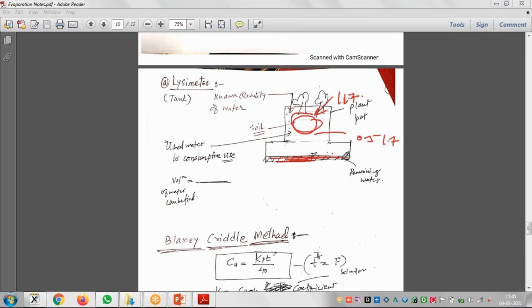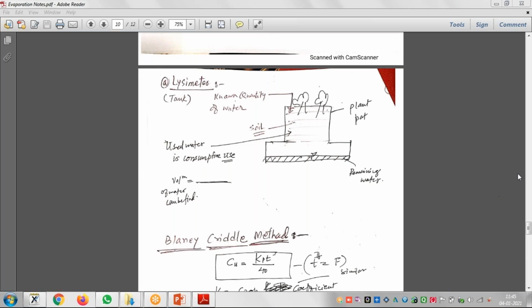We note down that quantity. Suppose this is 0.5 liter. So we can say that 0.5 liter of water is used by this plant. This lysimeter is nothing but a small tank where we study evapotranspiration.